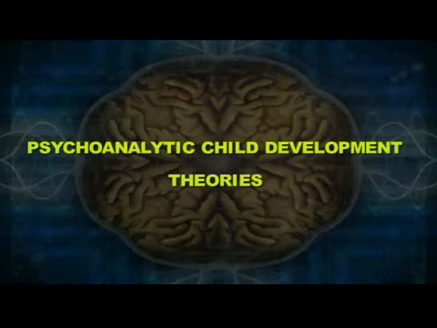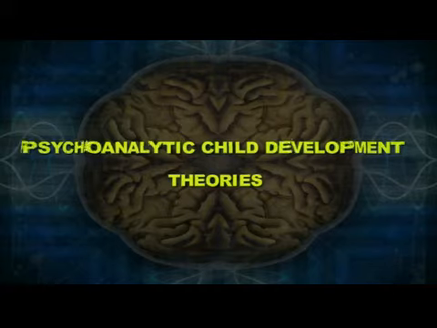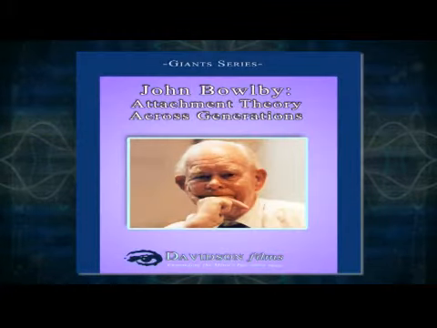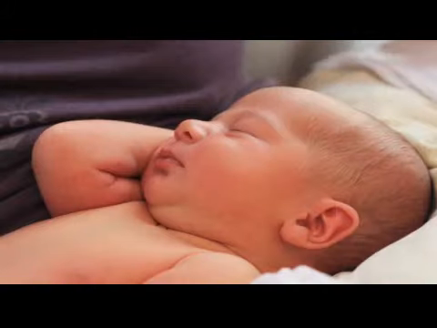Psychoanalytic child development theories. John Bowlby believed that mental health and behavioral problems could be attributed to early childhood. His attachment theory suggests that children come into the world biologically pre-programmed to form attachment with others, as it will help their survival.